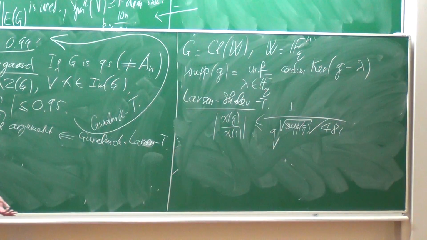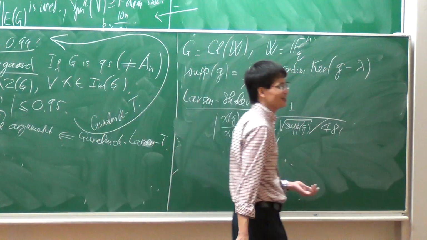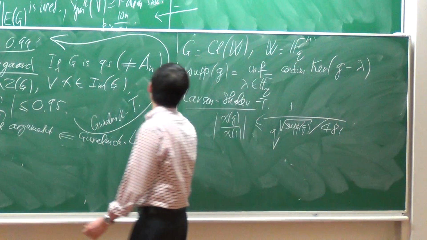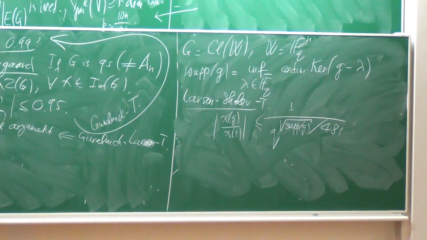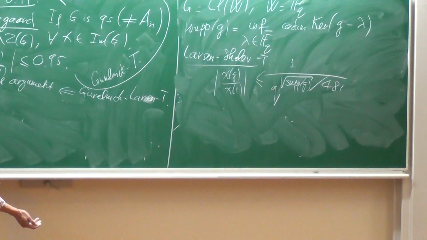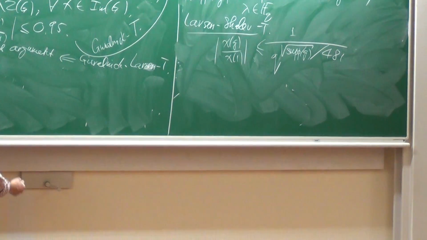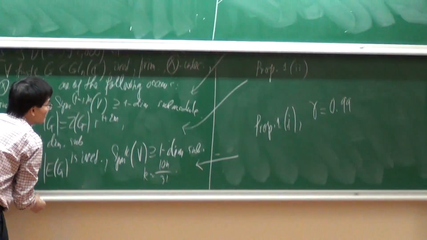So if your Q is large enough, if your support is large enough, you can go to something very small. But the point is, this bound is a little bit better than this bound in some cases, but for some other application that we have to study, we need something much better.